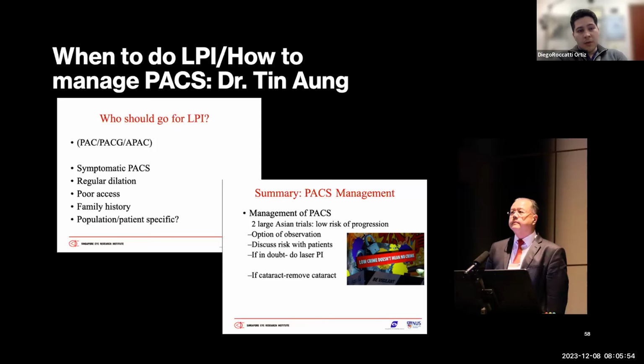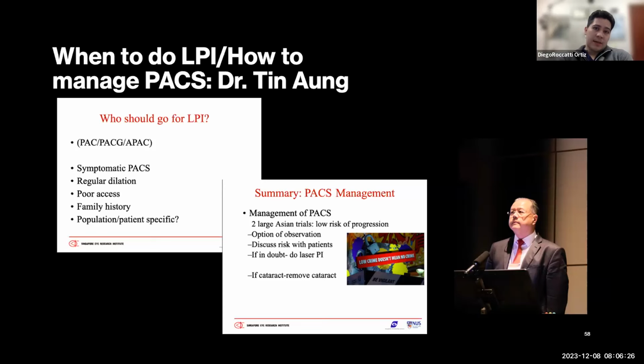when do you want to do an actual laser for this group of patients? Well, if the patient is symptomatic, if the patient, for instance, is diabetic and has to have regular dilated eye exams, it's also a good idea. If the patient has poor access to healthcare or lives in a remote location where access to healthcare would be delayed, it's also a good idea to prevent an acute attack.